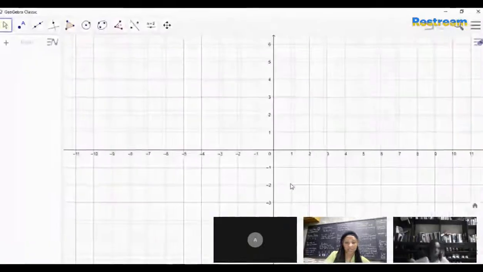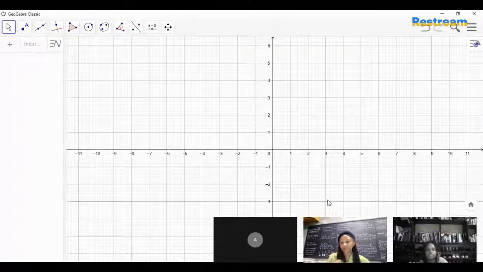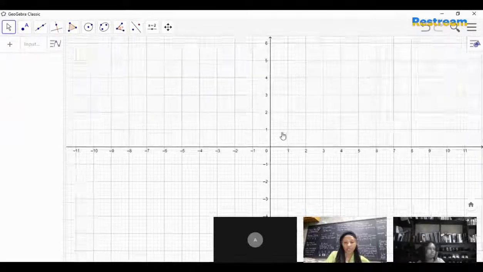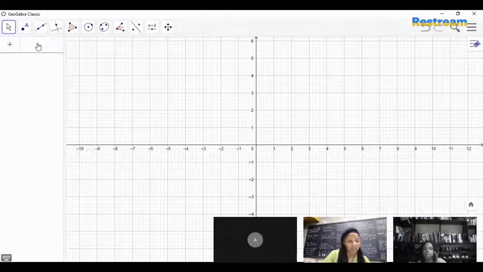All right, so let's see here. Are you seeing the coordinate plane? Yes, we're seeing the GeoGebra coordinate plane. Okay. So the first thing we're going to show is a reflection in the line y equals x.